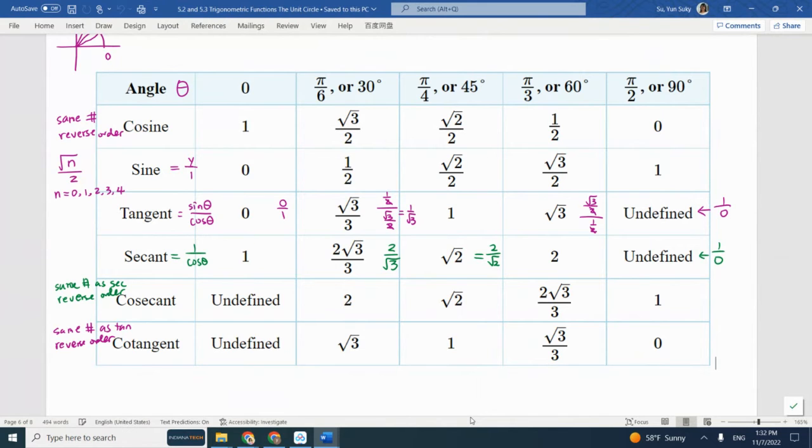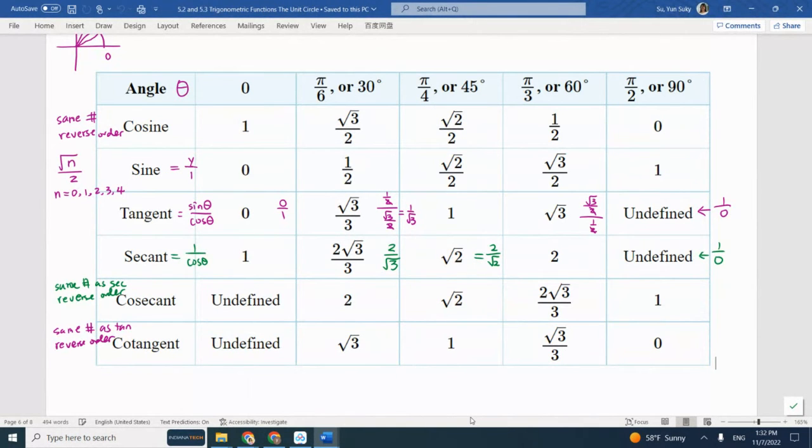So sine times cosecant equals 1, cosine times secant equals 1, tangent times cotangent equals 1. Right, everybody? Reciprocal properties. And there are 3 upside down triangles.